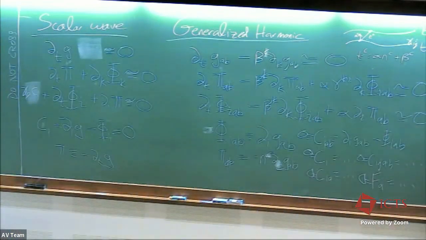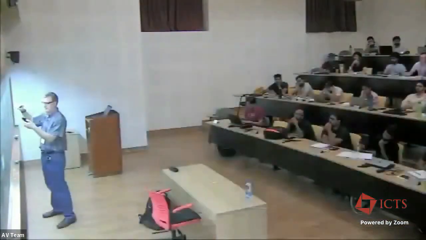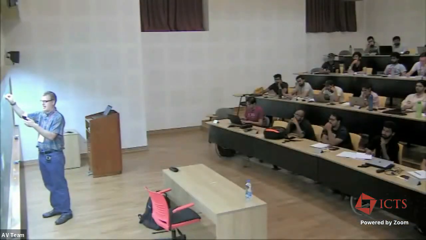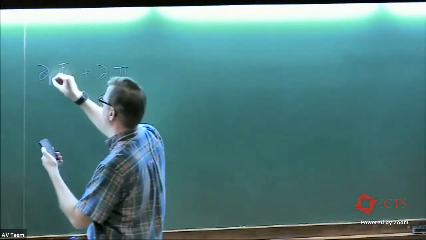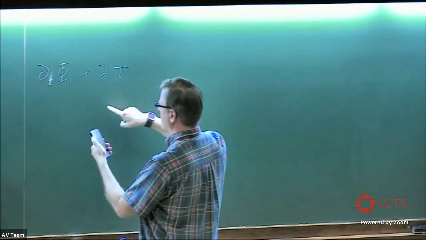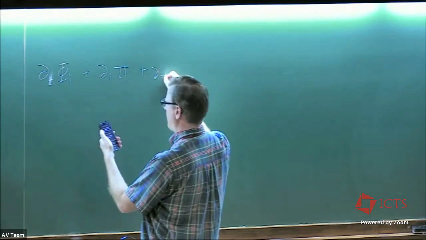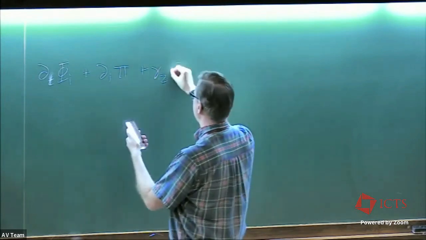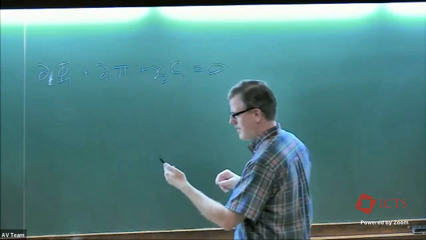So let's start out with that phi equation: partial t, sorry, that's not a partial i, that's a partial t. The time derivative of phi plus the gradient of pi, and now we've got a constraint damping term, gamma 2 of Ci, that's supposed to be 0.